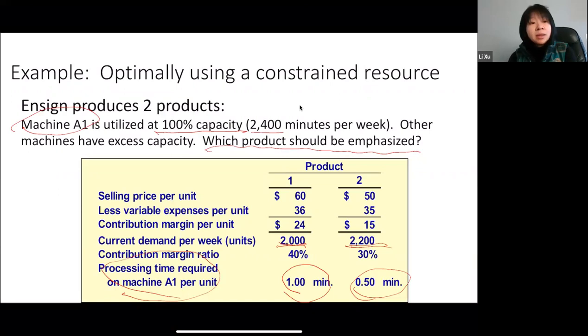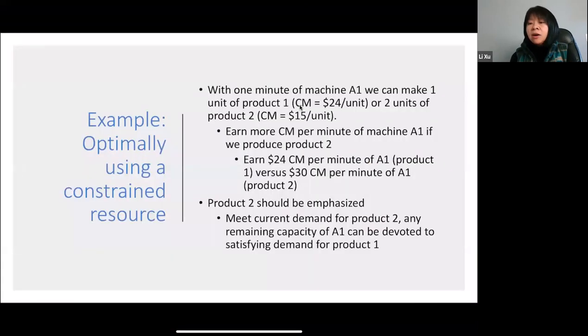It takes 1 minute to process 1 unit of product 1, and half a minute to process product 2. So now, if we only have 1 minute of machine A1, what's the contribution margin for each product?